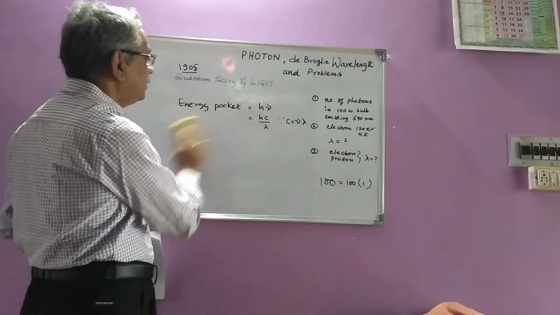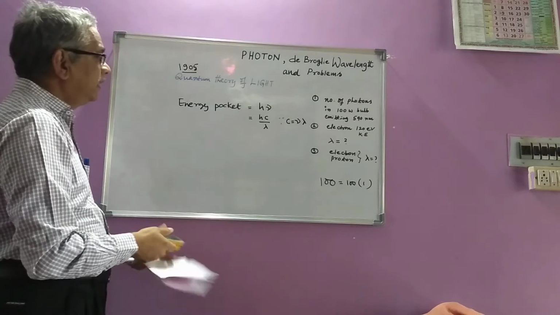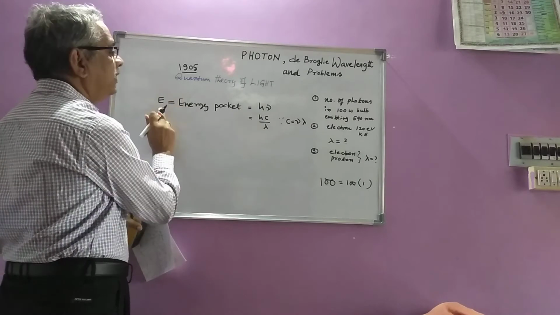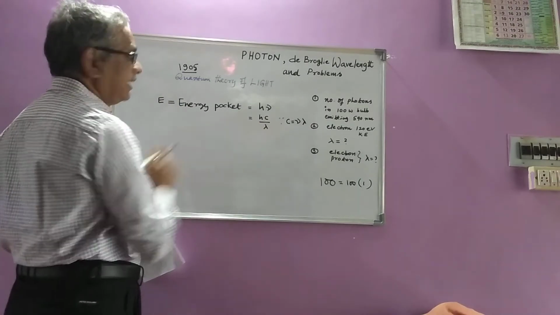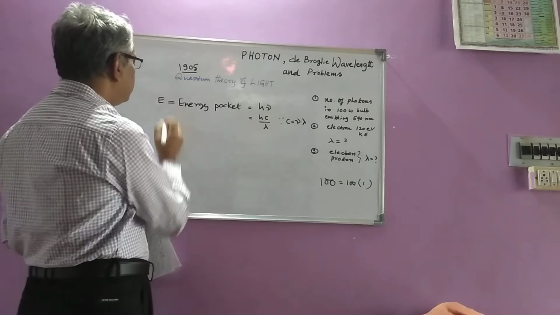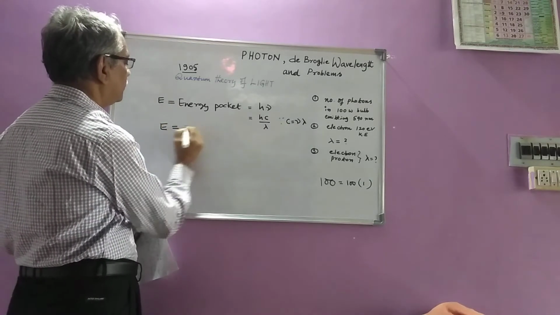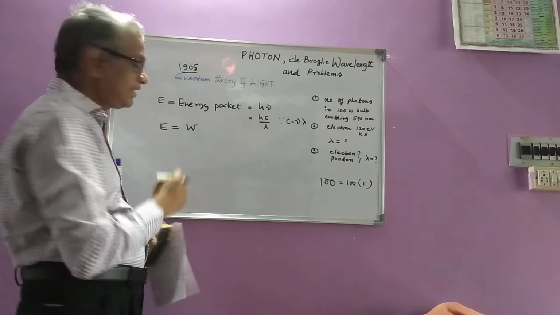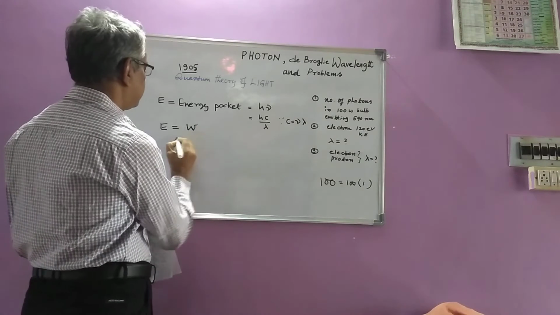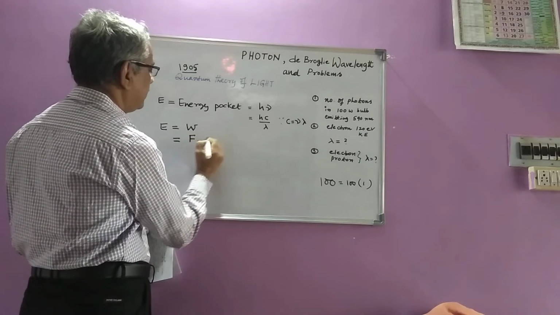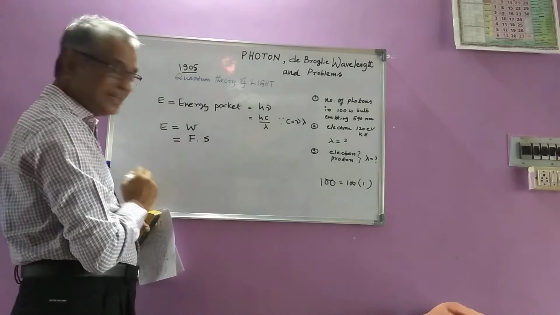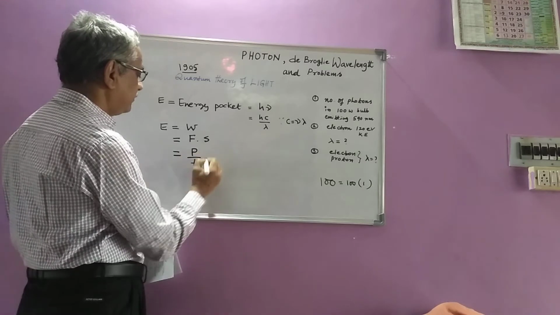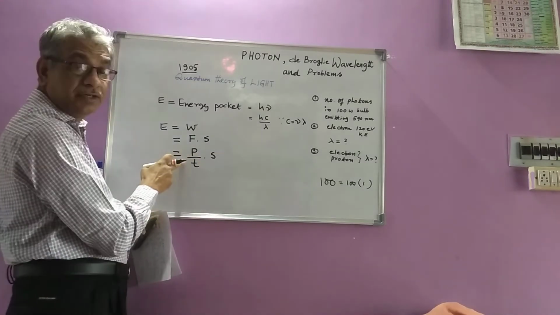Now, from this formula, this energy pocket I will represent here as E. E is equal to h nu, hc by lambda. Now this E is nothing but work done, W, from our basic physics, and work done can be represented as force multiplied by distance, and this force can be written as momentum by time according to Newton's second law.